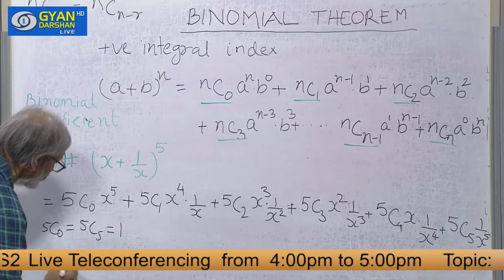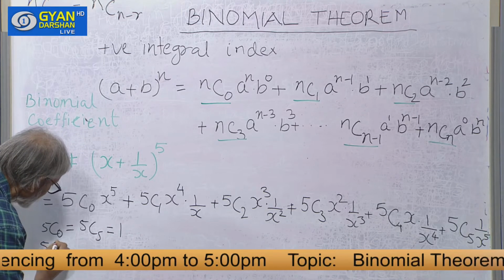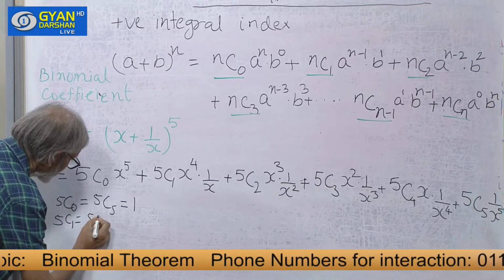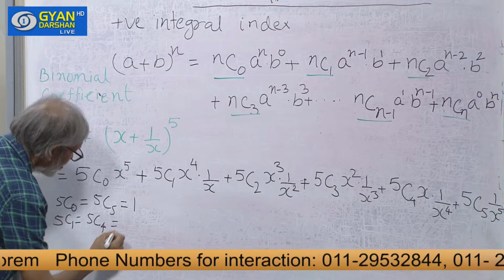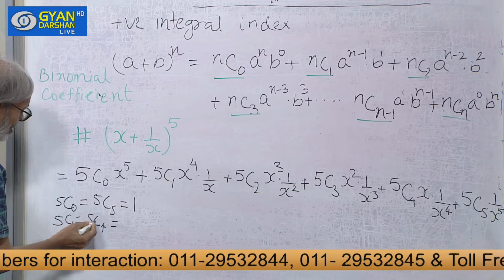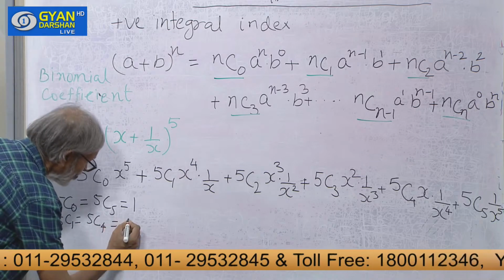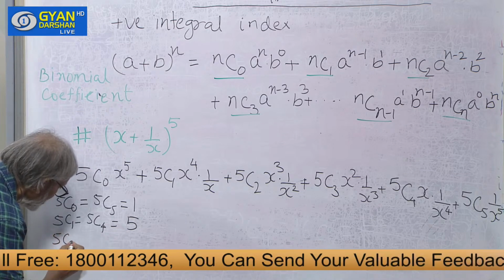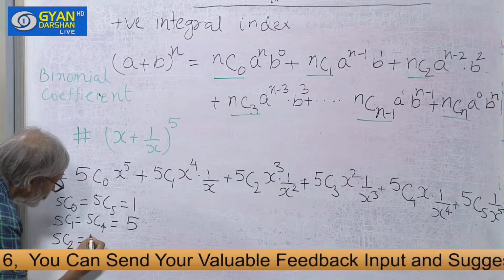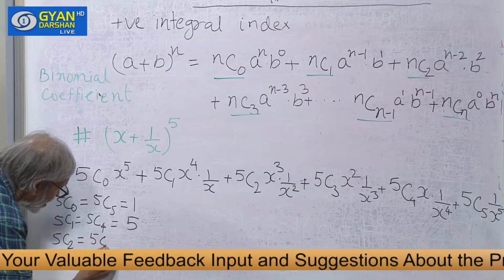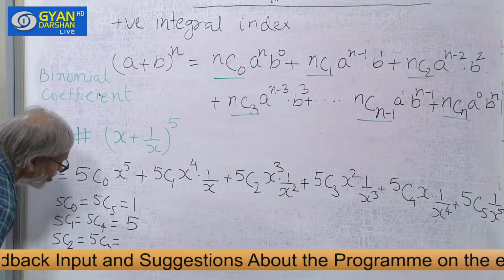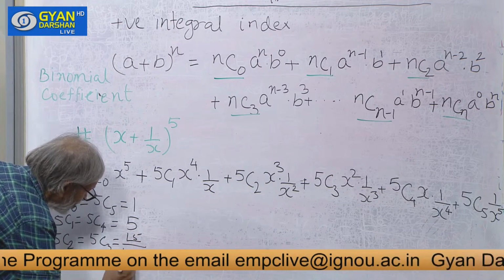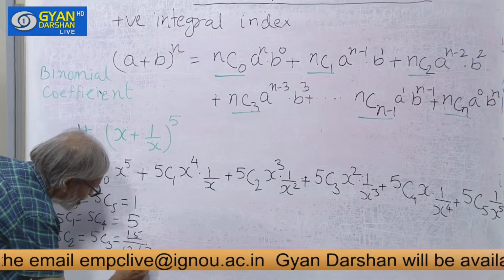So, it will be equal to 1. 5C1 is equal to 5C4, which is factorial 5 divided by factorial 4, which is equal to 5. 5C2 is equal to 5C3, which is equal to factorial 5 divided by factorial 2 into factorial 3.